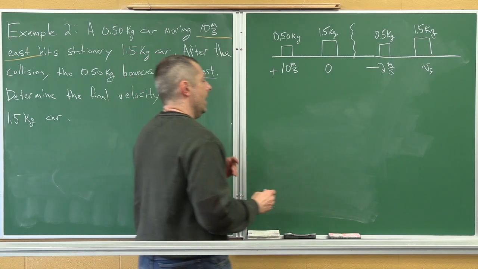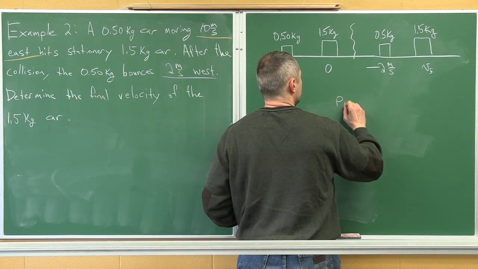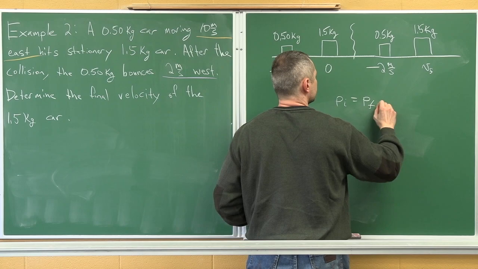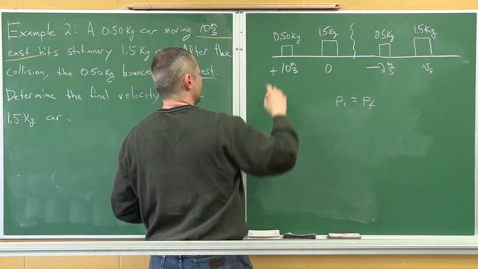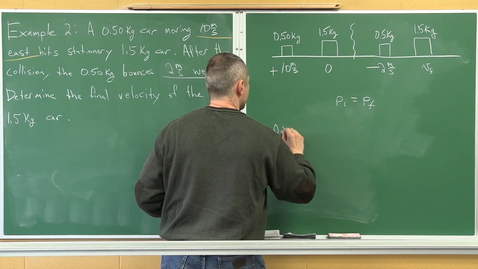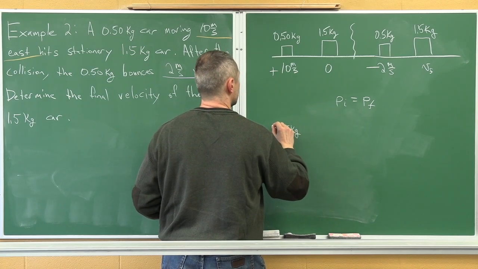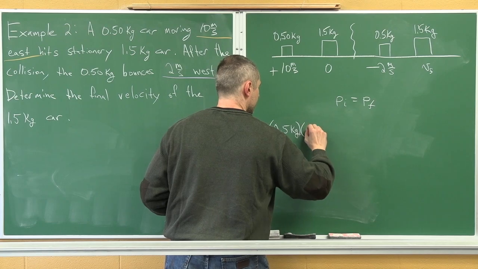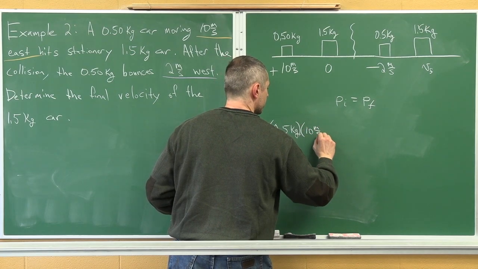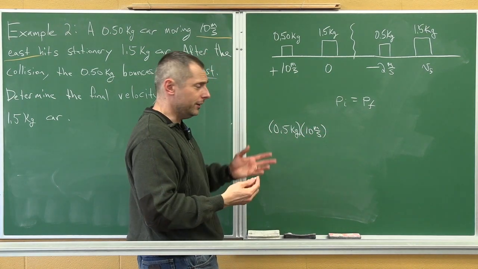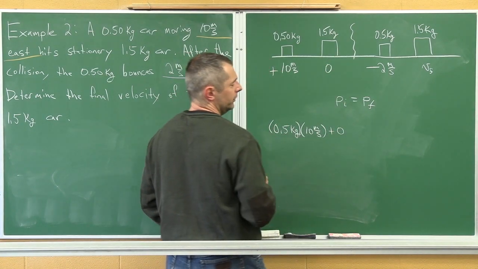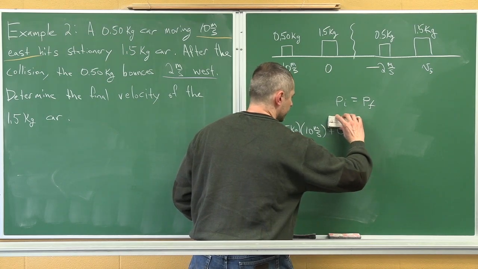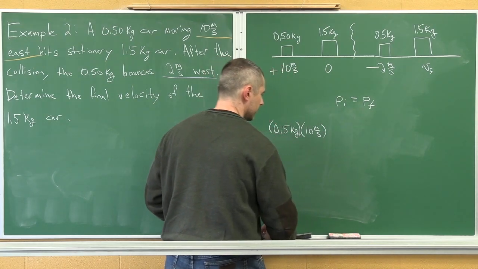All right, so as before, we begin with Pi equals Pf. And now we're going to fill in the pieces. So we've got this car, 0.5 kilograms, 10 meters per second. You could even put a plus in there if you want, doesn't matter. And we could write plus 0 if we really want to, but we don't have to. I'll just leave that off.